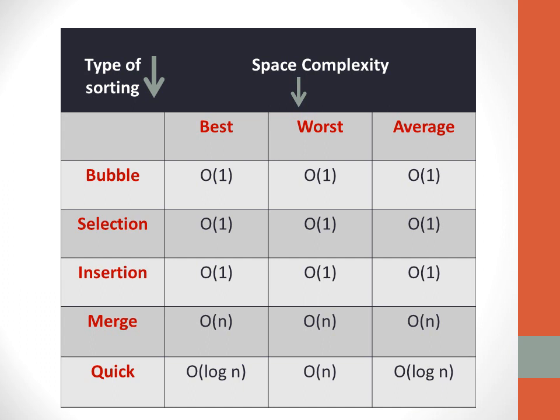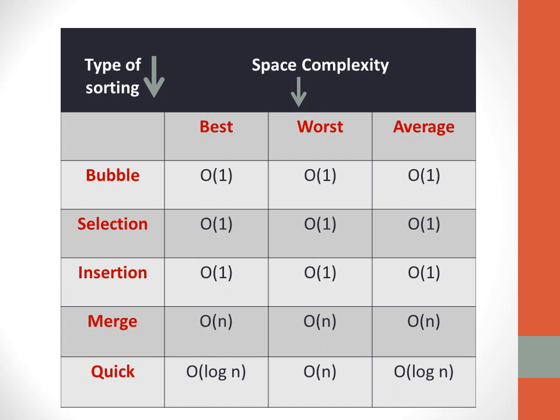So hope you understood the space complexity and how the growth of functions we can plot on the graph paper. And we have analyzed that n to the power n is the highest kind of time complexity that can be there for a given code, and the minimum will be O of 1 for the constant code.